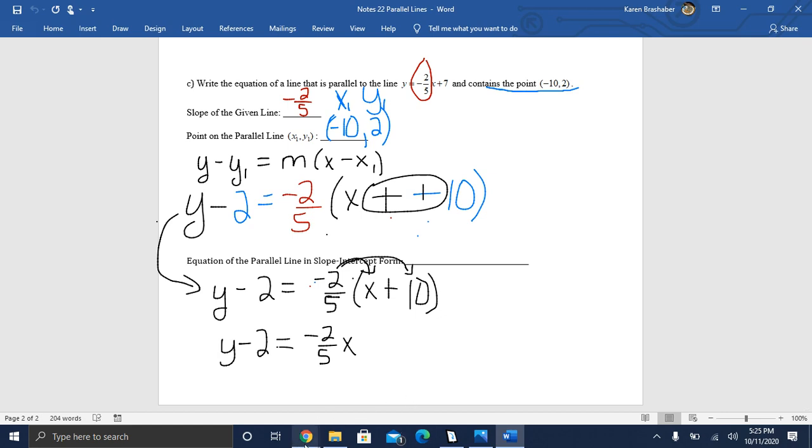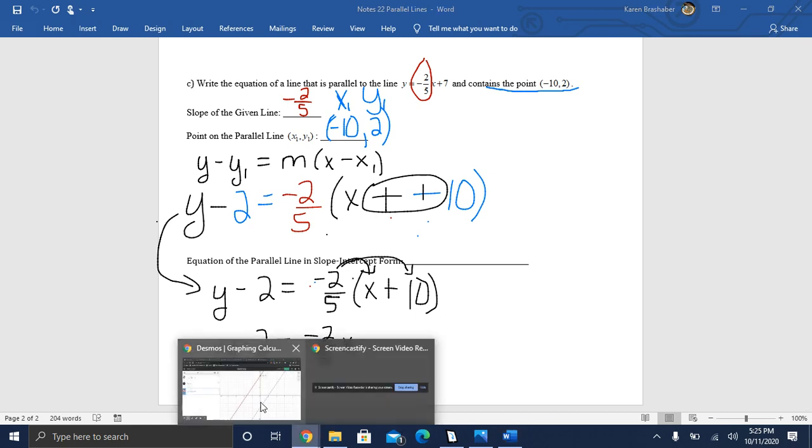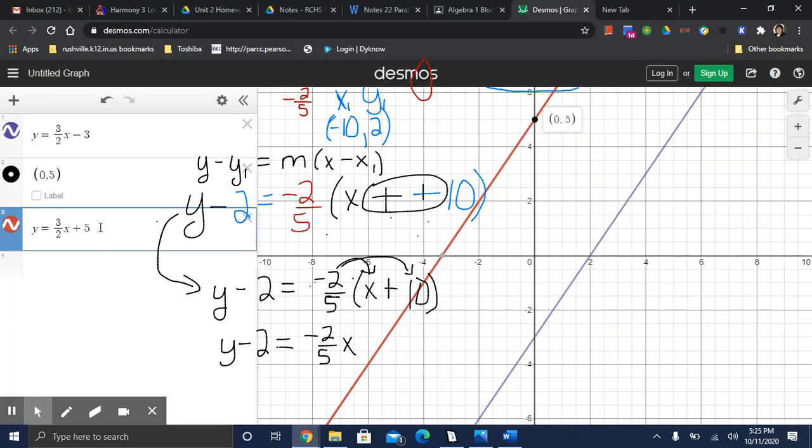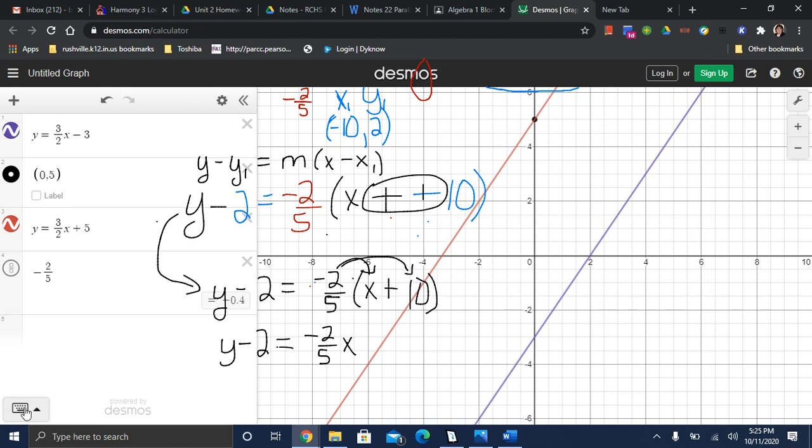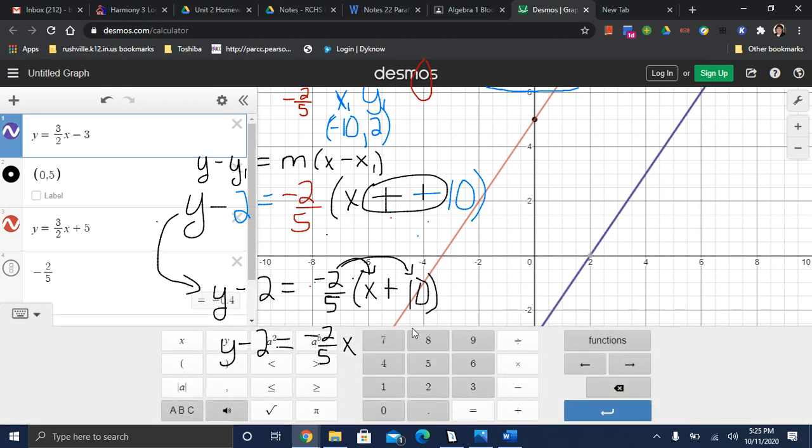You can do that, or you can have Desmos do this for you. And since I've already got the graphing one up, I'm just going to do this calculation right here. So I'm taking negative 2/5 and multiplying that by 10.